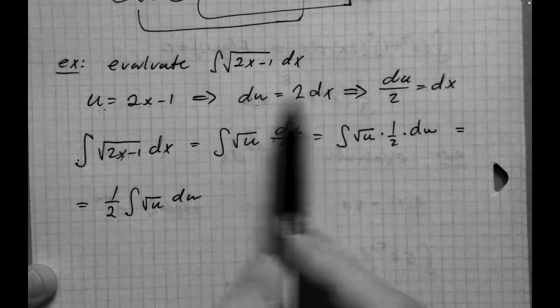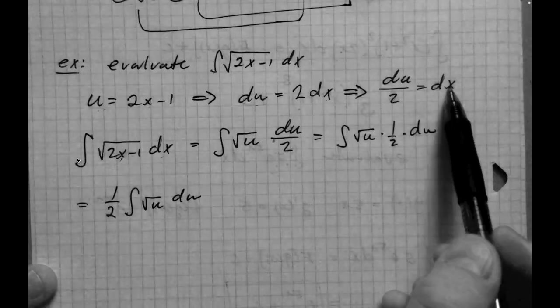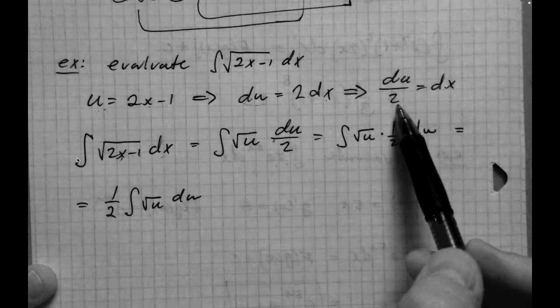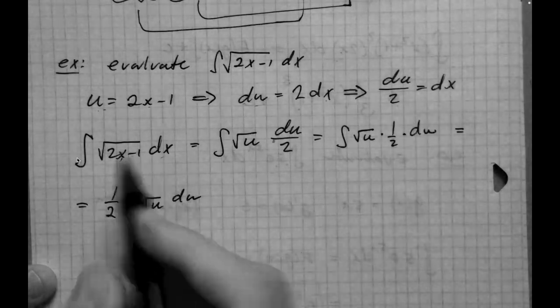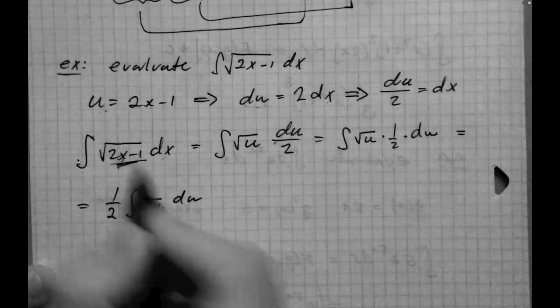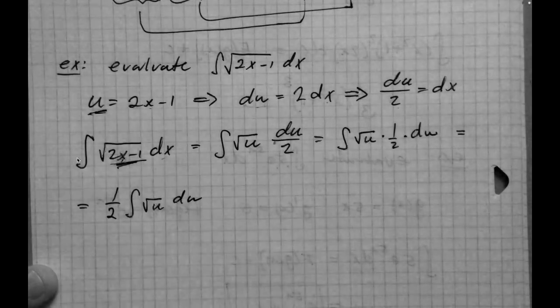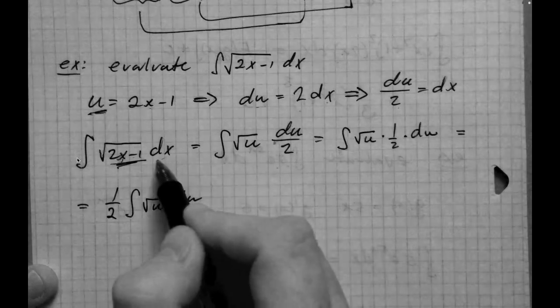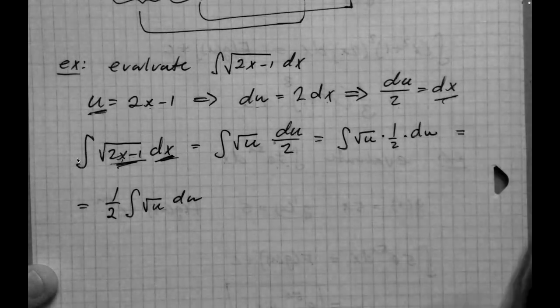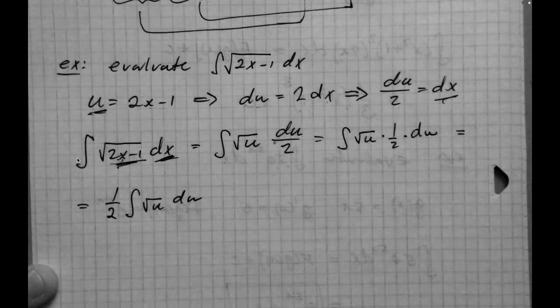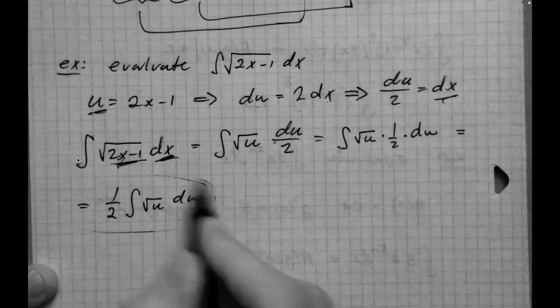That also implies that dx itself is equal to du over 2. So I just make those substitutions. I substitute here with this, and then I substitute this guy with that thing over there. When I do all of that, I get this right here.